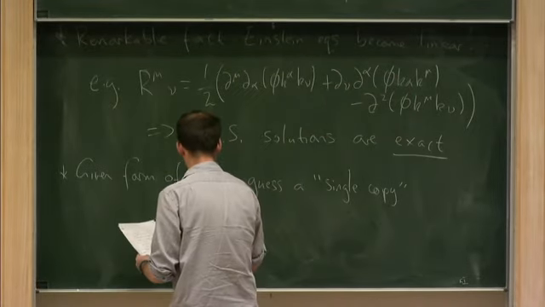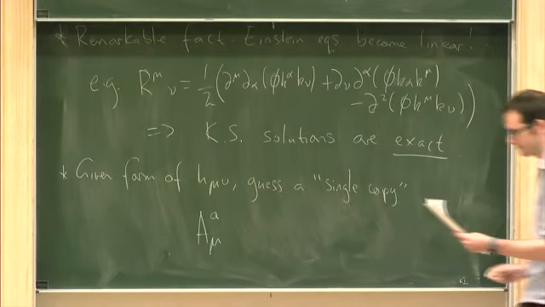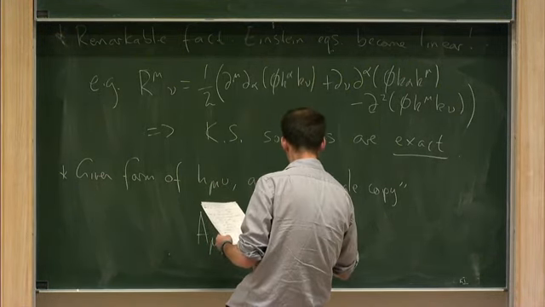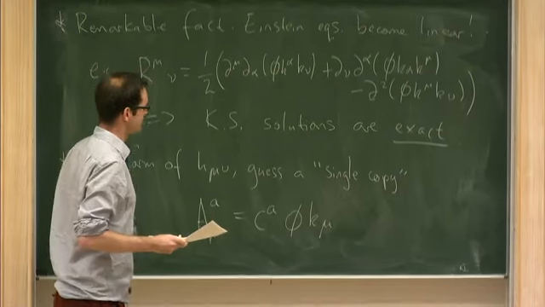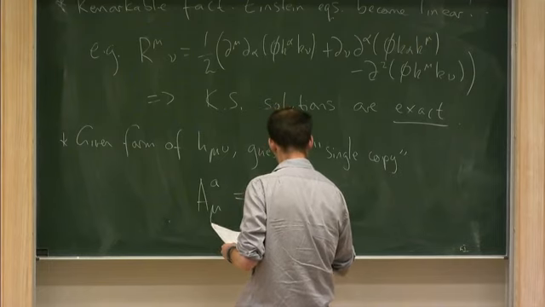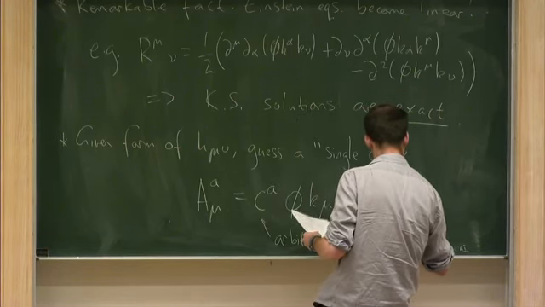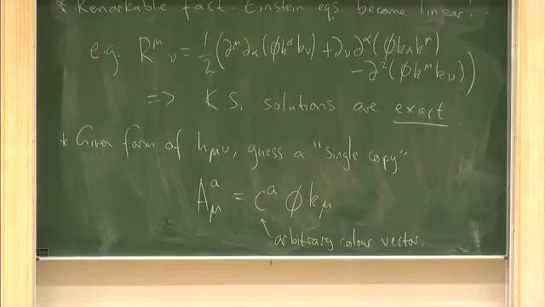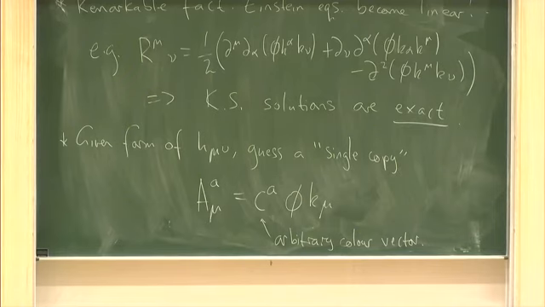So this will be a gauge field now, living in a different theory, and it is in principle Yang-Mills theory, so there'll be an adjoint index there. And I'll call that c a phi k mu. So what I've done is dress this with just some arbitrary color vector to get a non-abelian result. And then we can ask, well, is this a sensible gauge field? Well, the answer to that question means if I plug this into the Yang-Mills equations, does it solve them?